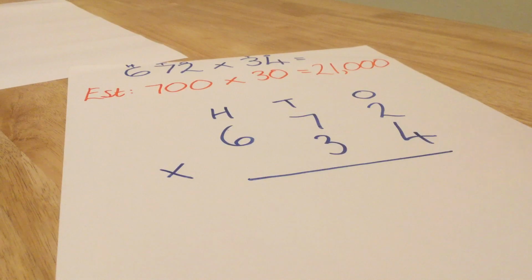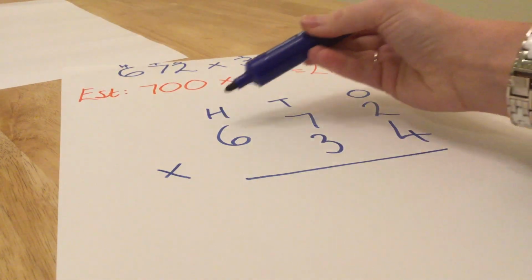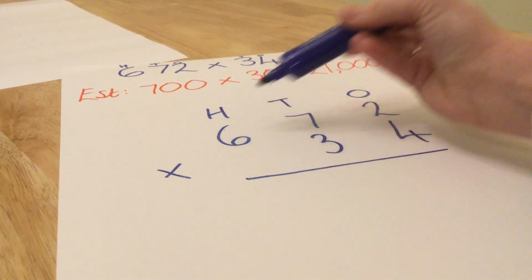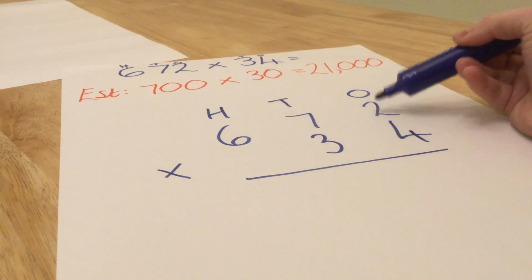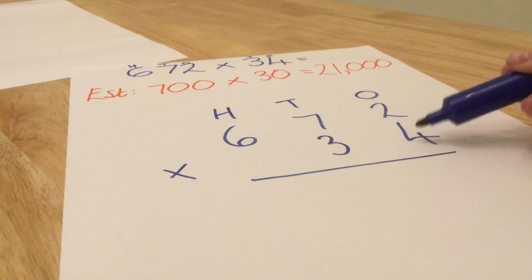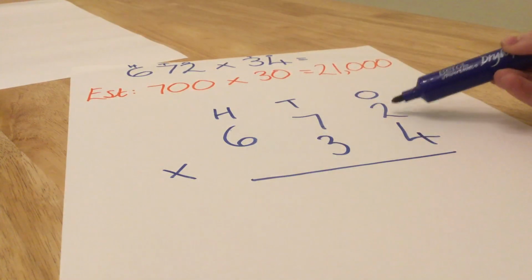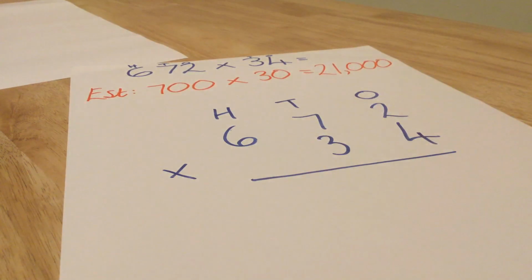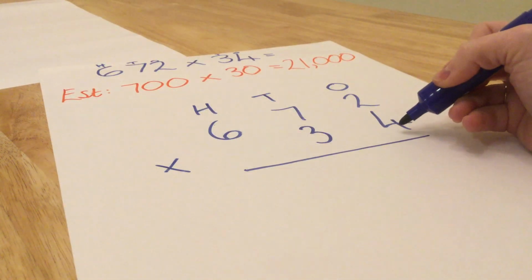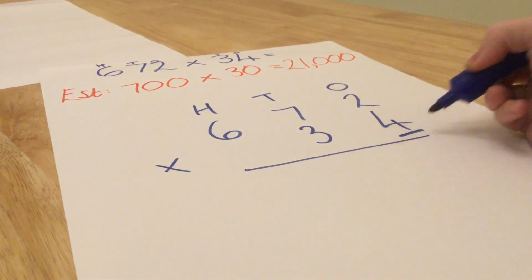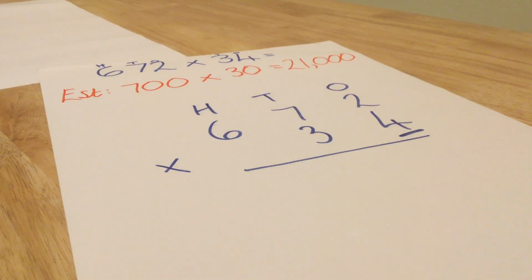Good. So what I'm doing here, I need to times the 600, the 70 and the 2 by 4, and then I need to times the 600, the 70 and the 2 by 30. So first I'm going to times it by the 4, and I'm going to underline it there so that I know that that's what I'm doing.